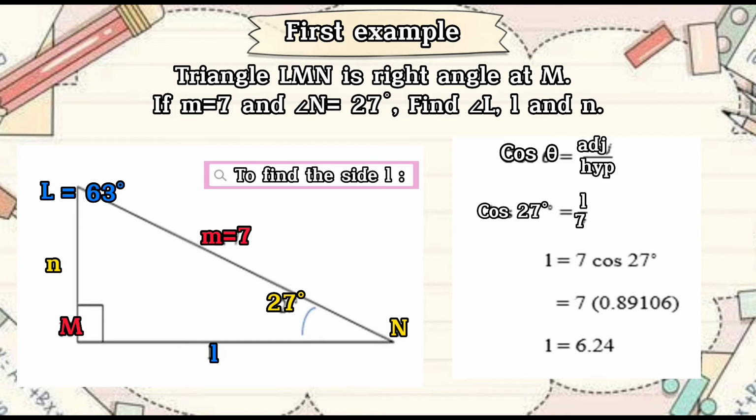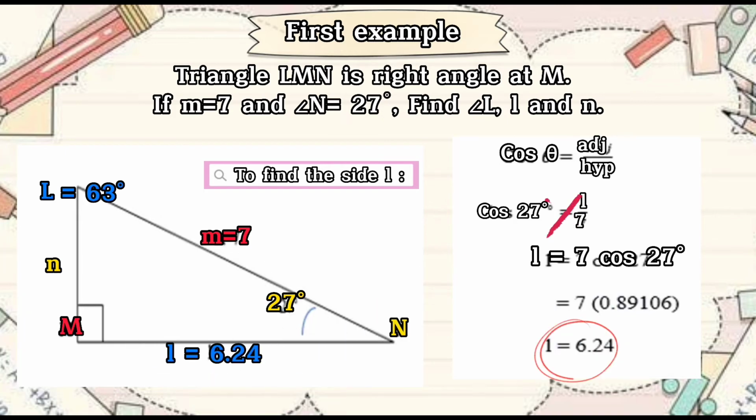So, next step is cross multiplication. When we cross multiply this, L is equal to 7 cosine 27 degrees and that is equal to 6.24. Thus, the measure of side L is 6.24.